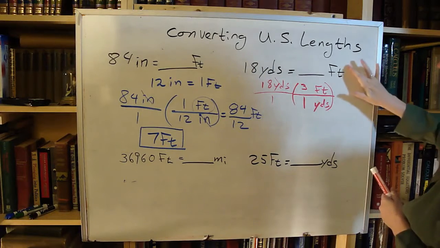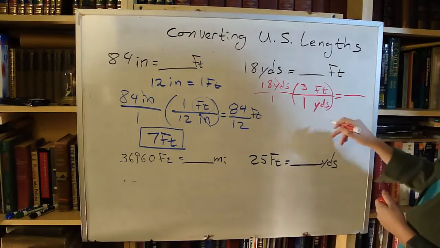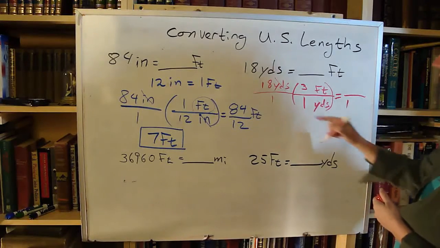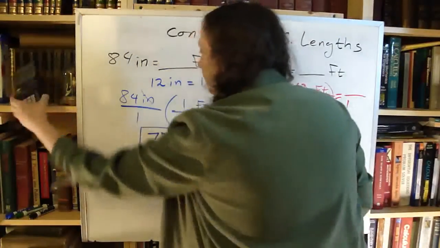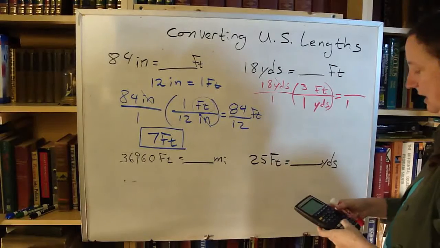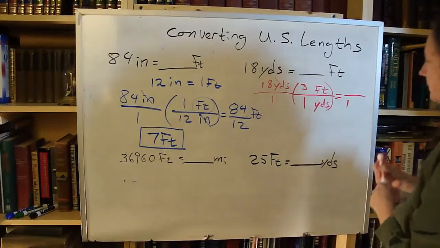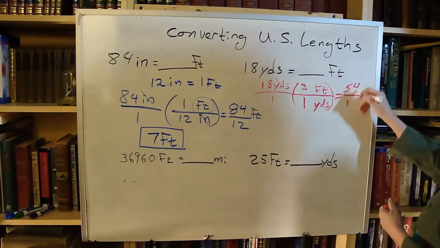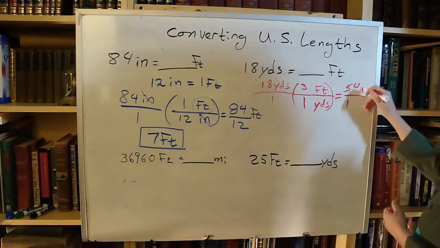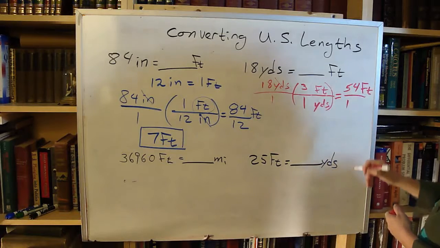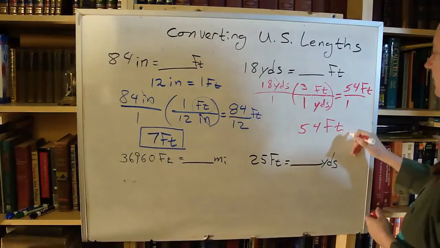Yards have canceled. 1 times 1 is giving me 1. 18 times 3, I need a calculator for. 18 times 3 equals 54. Yards was canceled. I have feet left over here, so I include feet in my answer. So my answer is 54 feet.